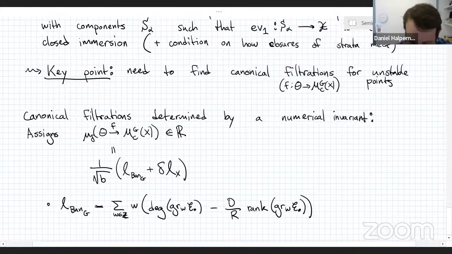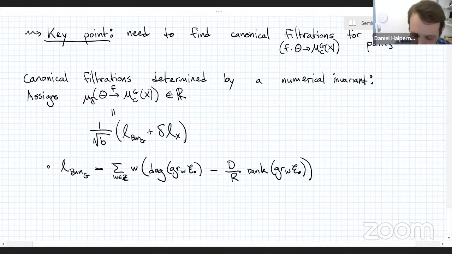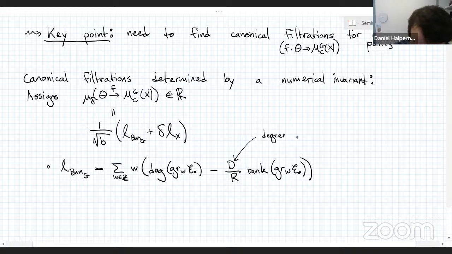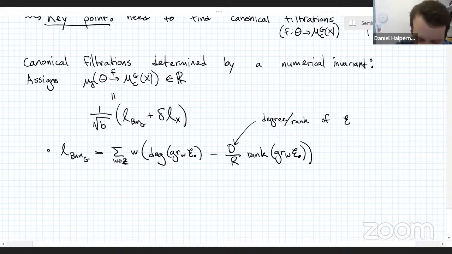And so I have this Z-weighted filtration of vector bundles, and I can write down this formula. Here d and r are the degree and rank of E itself, of the underlying vector bundle, if you forget the filtration. So this is a numerical invariant that comes from BunG itself. It doesn't refer to the section at all.